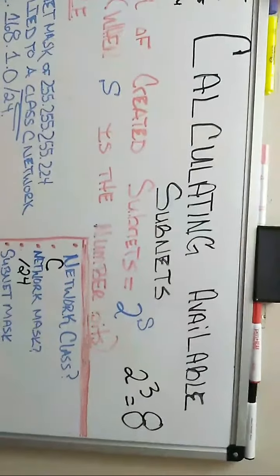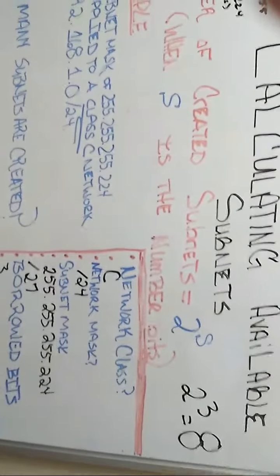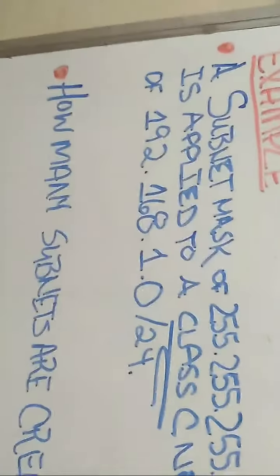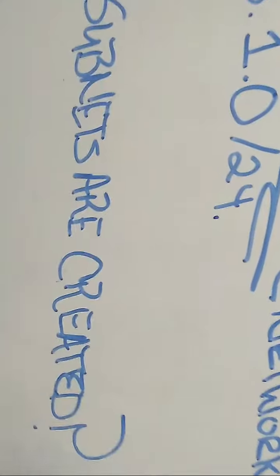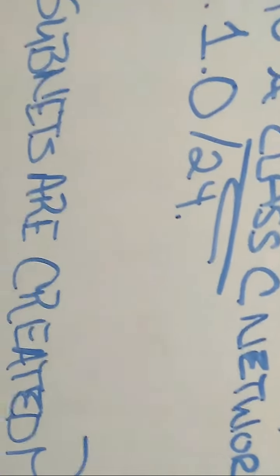We just created 8 subnets. How many subnets are created? Eight. Borrowed bits 3, which means we created 8 subnets.